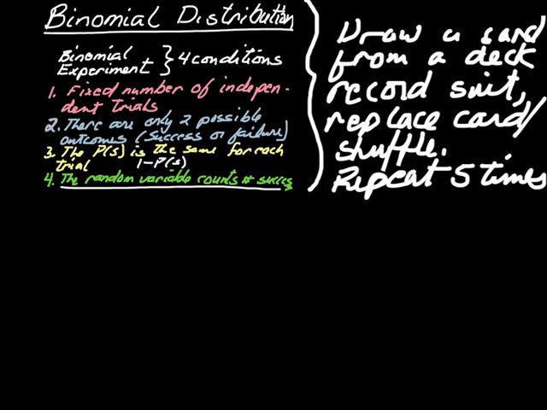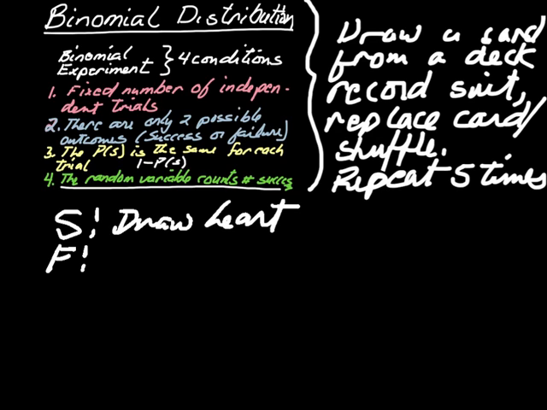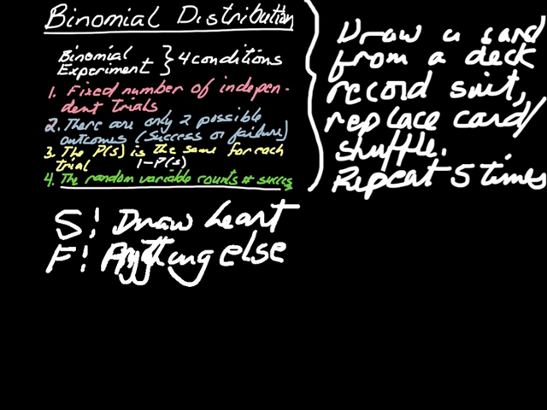And then for our experiment, we want to call a success drawing a heart, and we want to call a failure anything else. Once we do that, now we're good. Now I know what a success is, I know what a failure is, I've made sure it's independent. There are only two outcomes, either I get a heart or I get everything else.